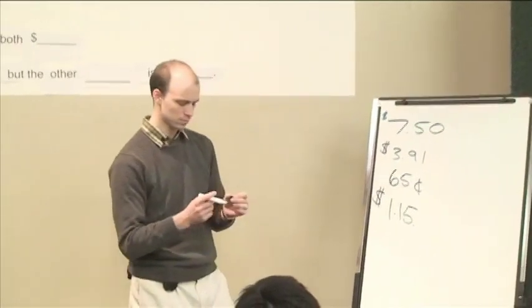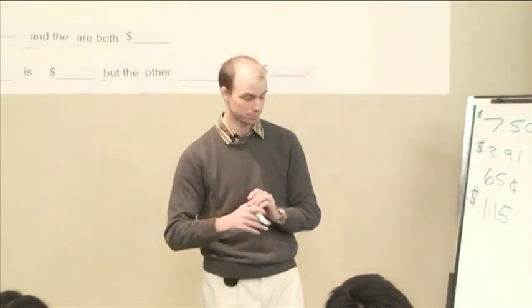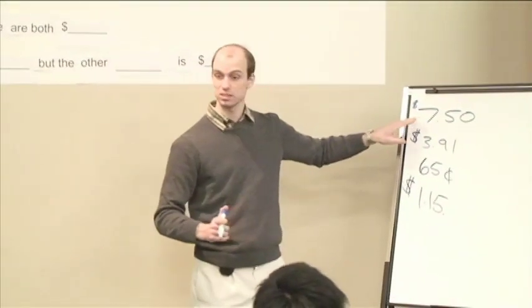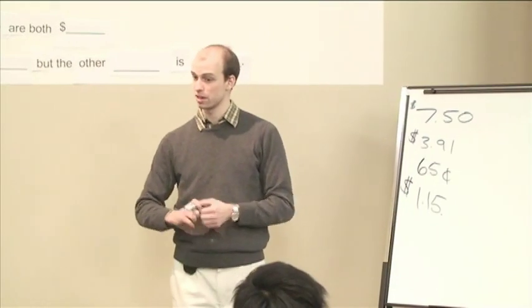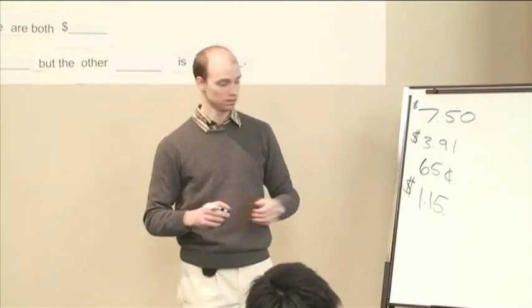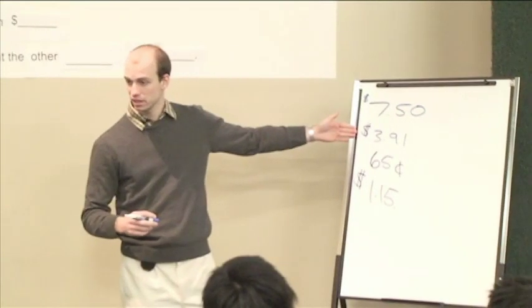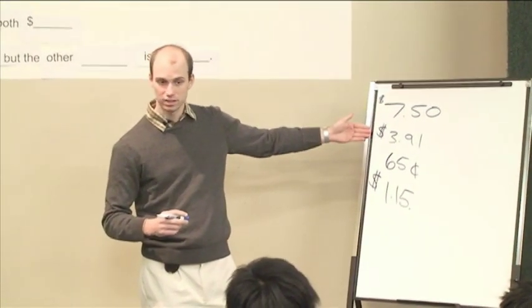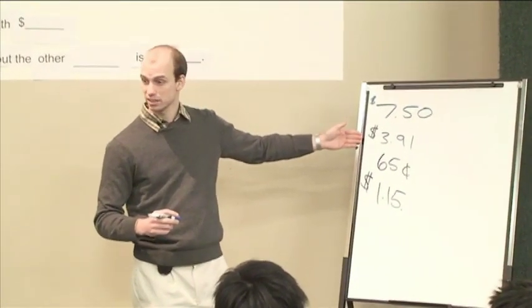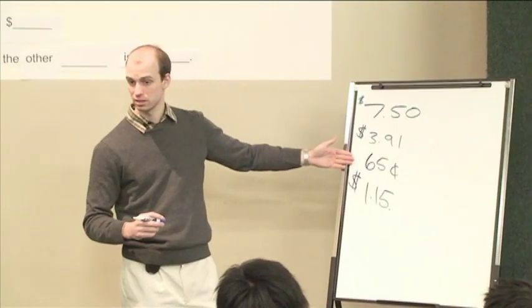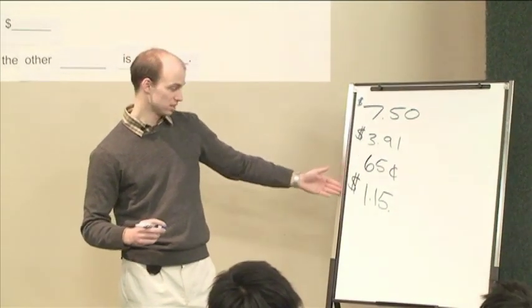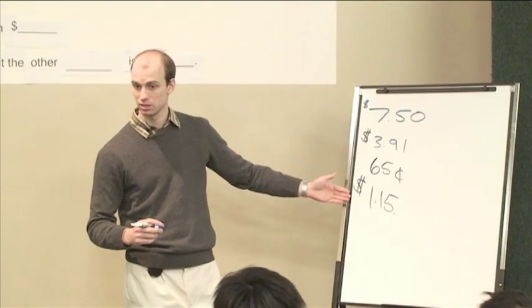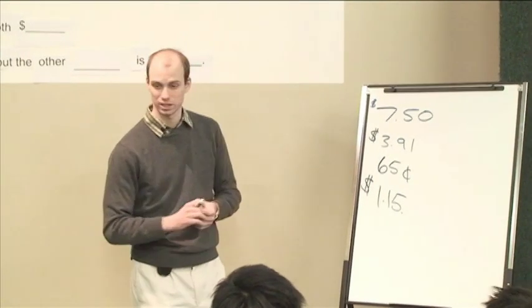Okay. So when we're talking about money, you've said that this is $7.50. And this one again? Can you say it? $3.91. How about this? 65 cents. And this one? $1.50. Okay, that's great.